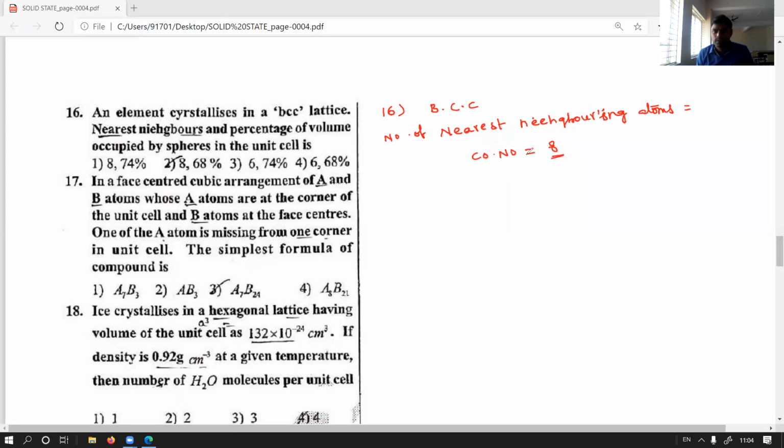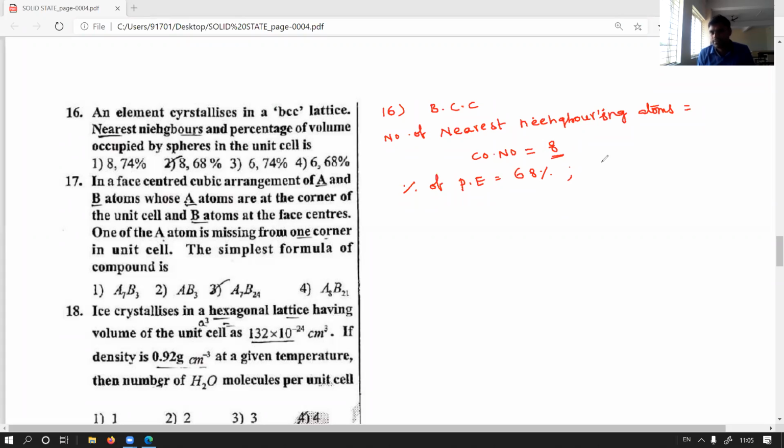So body centered cubic crystal coordination number is equal to 8 and packing efficiency, the percentage of packing efficiency, that also we calculated in the solid state chapter. Directly we have to remember the percentage of packing efficiency in BCC crystal structure is 68%.